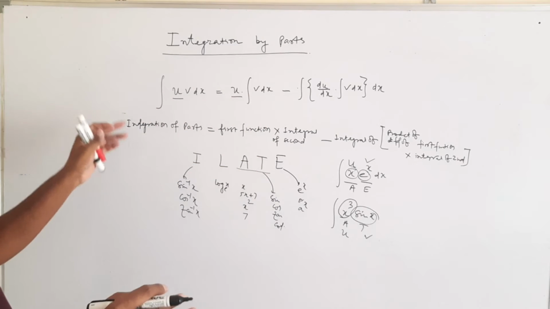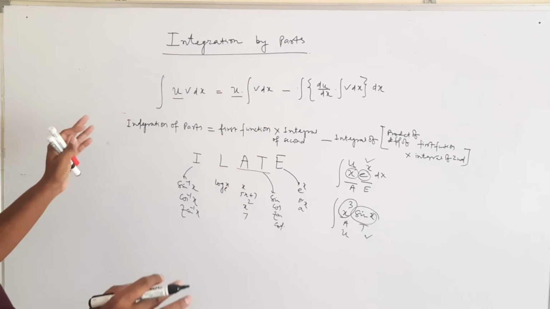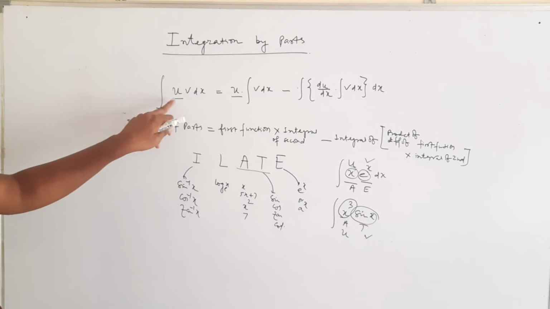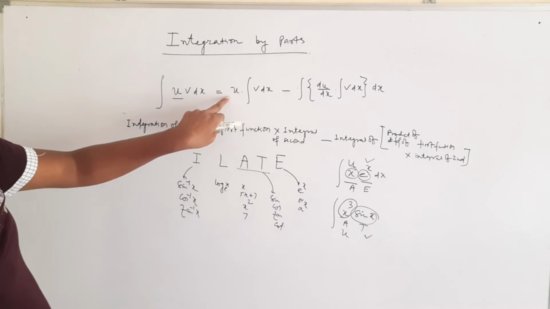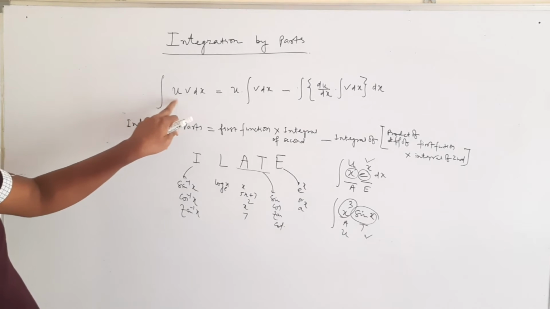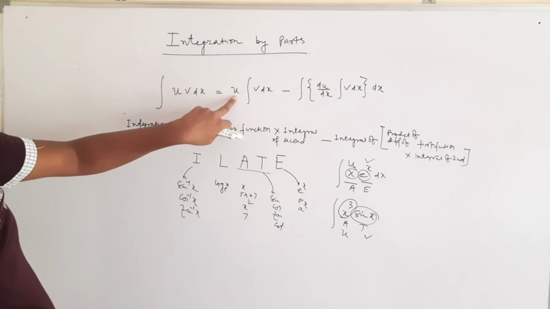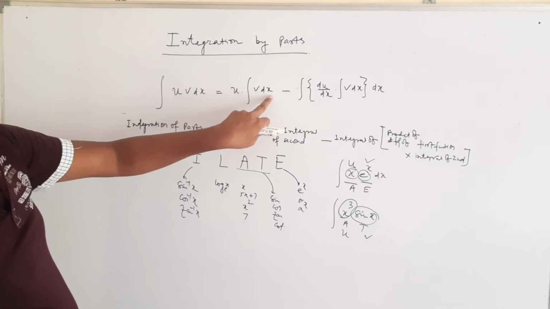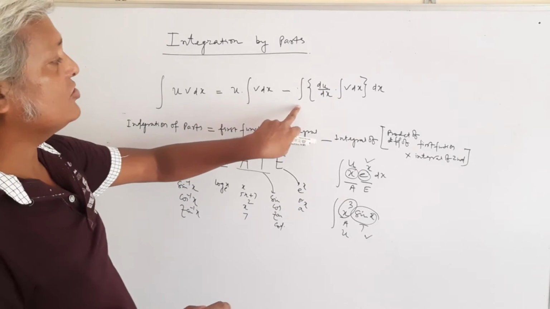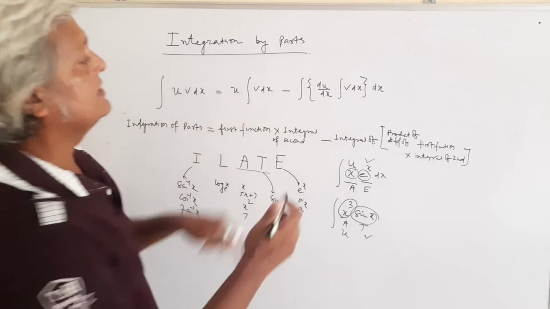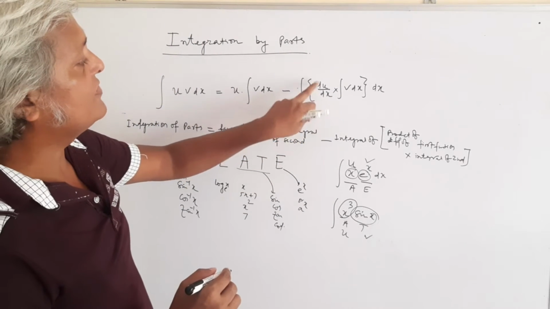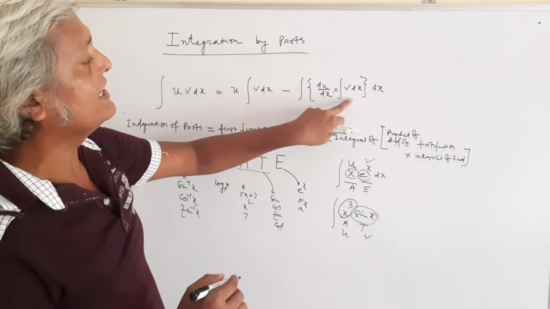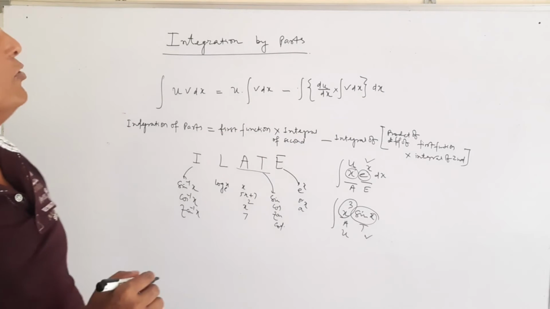Again, I would like to summarize the whole rule in one line. The integration of uv dx is u, meaning keep u unchanged, into the integration of the second, minus the integration of the product of the differential of the first and the integral of the second, both with respect to x.